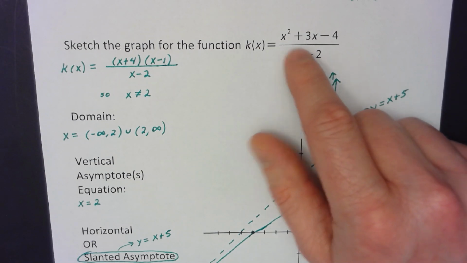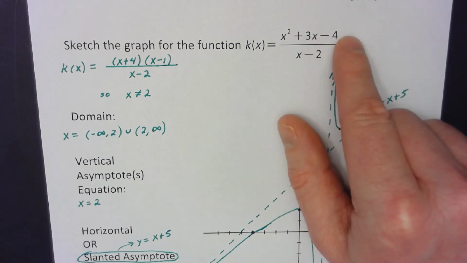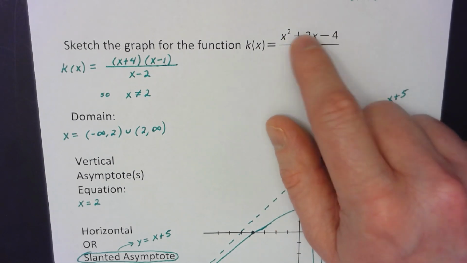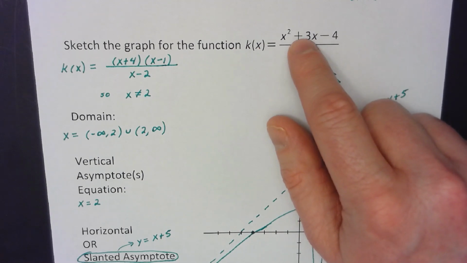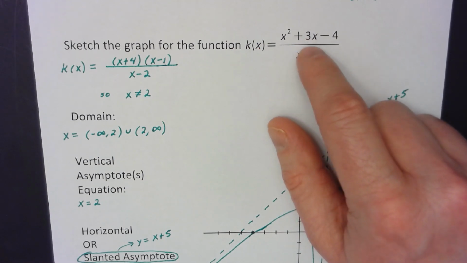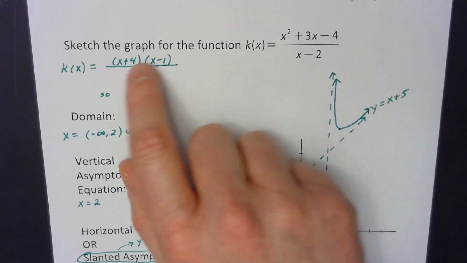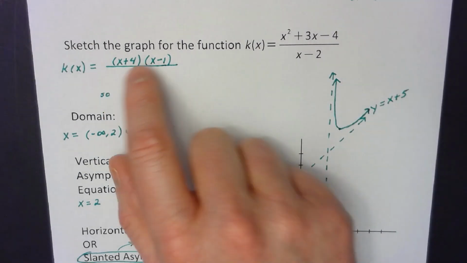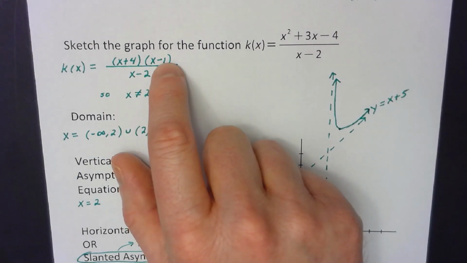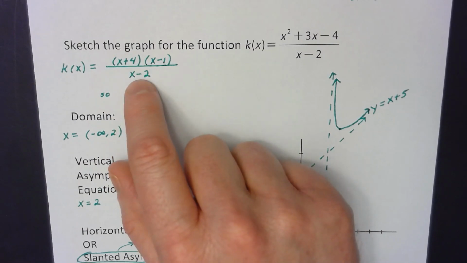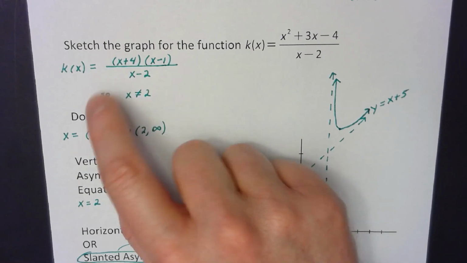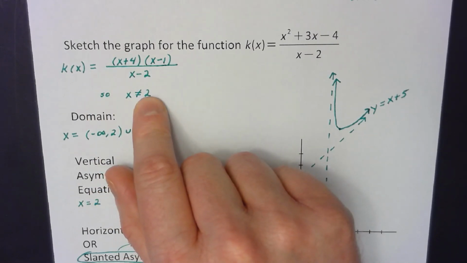Domain restriction: if I try to factor the numerator, factors of -4 that sum to +3 are +4 and -1. So the numerator factors to be (x + 4)(x - 1). Neither of those factors cancel with the factor in the denominator. Either way, I still have the domain restriction that x cannot equal 2.